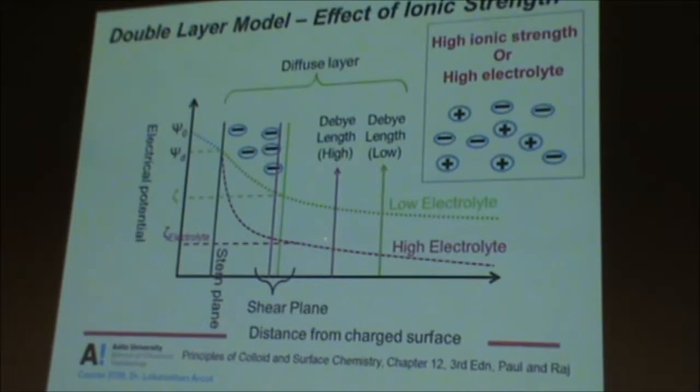But at high electrolyte concentration, because it's falling more rapidly, the 1 over e condition is reached at a much closer distance to the surface. So Debye length is a measure of how the charge, the electric field, is getting dissipated as a function of distance.